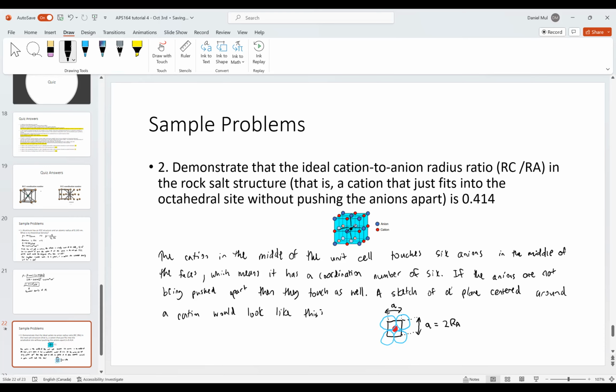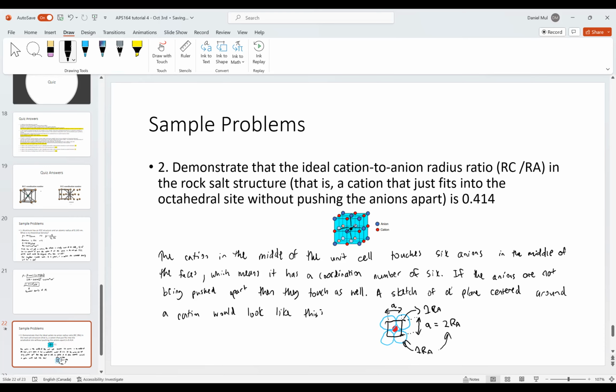What I'm trying to show here is that we get 1 radius from this one in the unit cell and 1 radius from that one. So you get 2 RA.